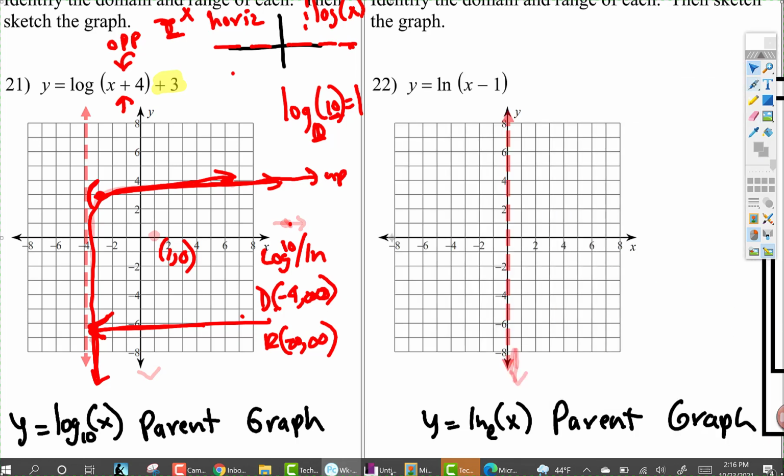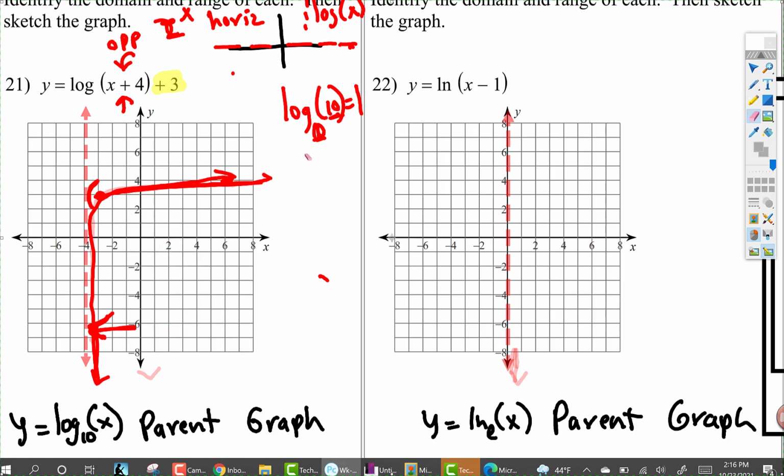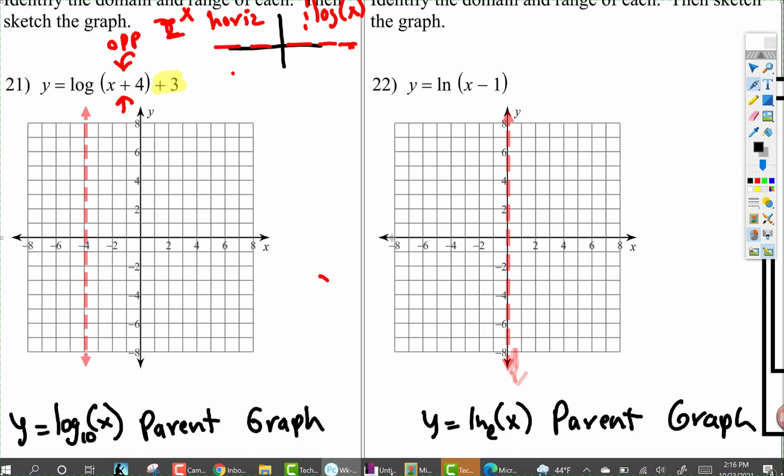All right, so remember what this parent graph would have been. The parent graph would have started here, and then it would have come up. The only difference is e. If you type in second ln, it gives you e to the, type 1 and hit enter, you're going to get about 2.718.